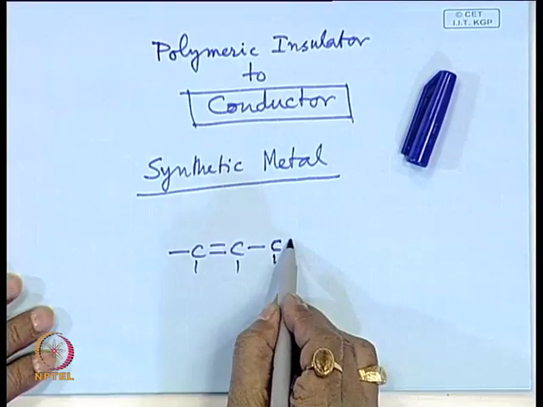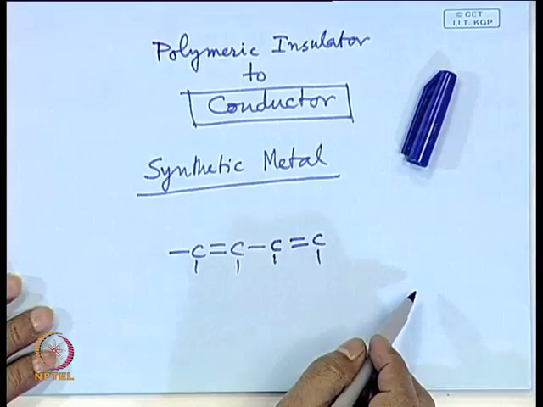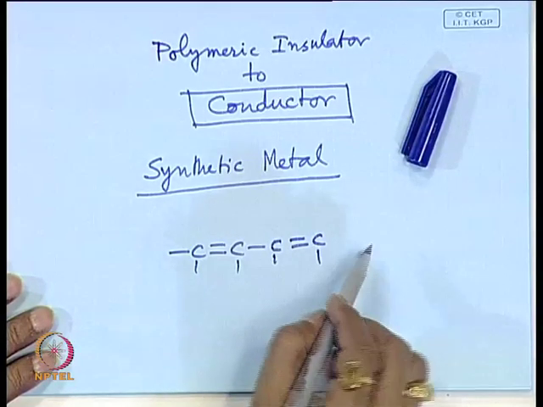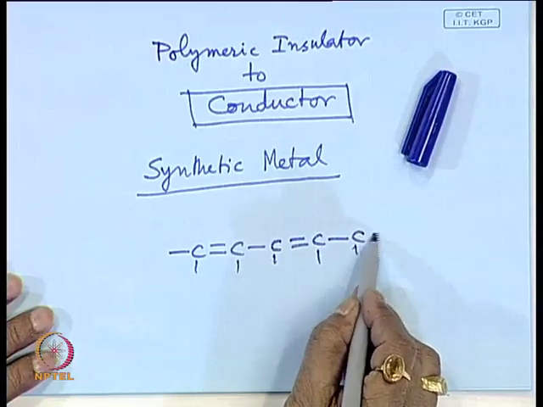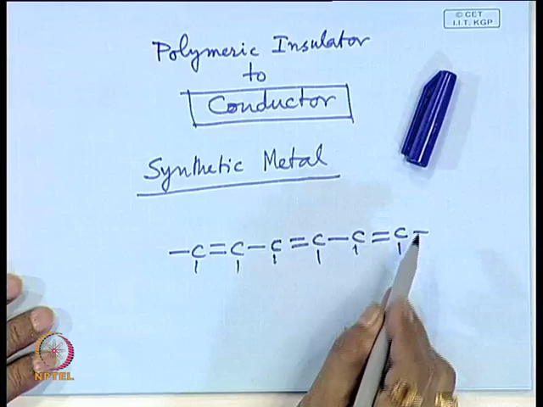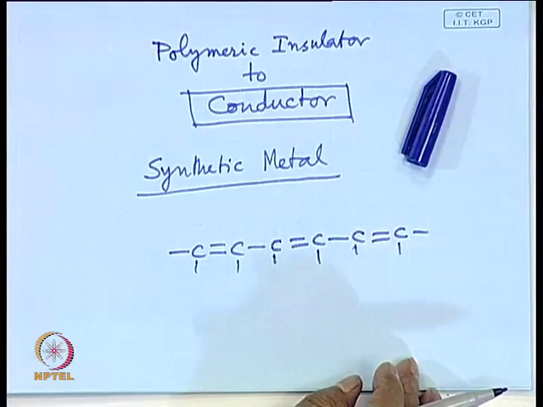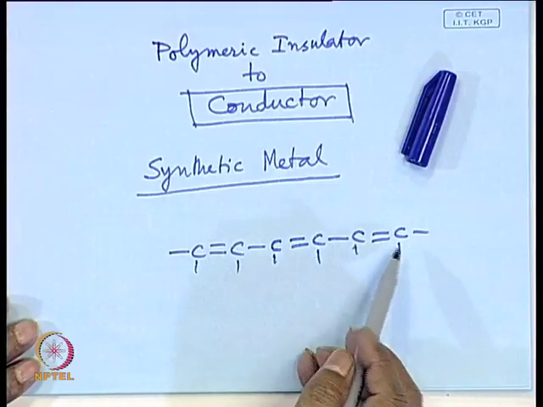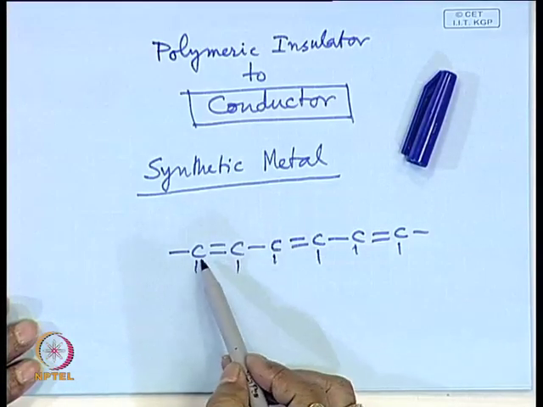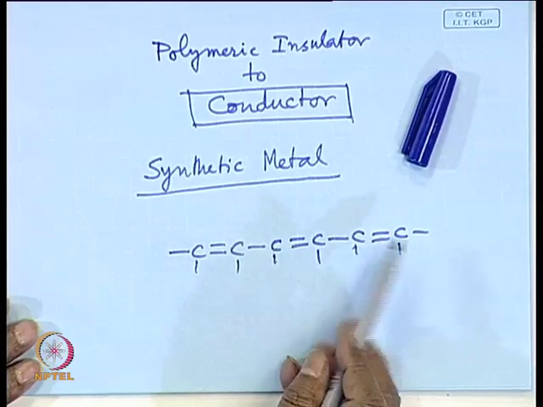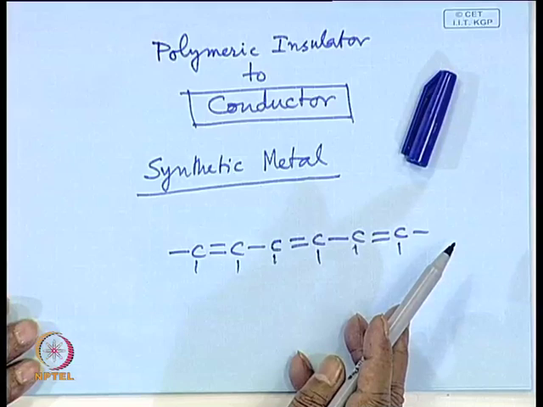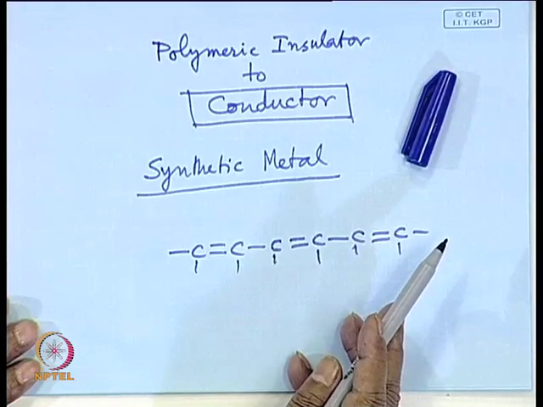If this pi bond repeats like this, theoretically one can think, we do not know how we can make it, but at least I can draw on a piece of paper that if we can design such a molecule, then we find there is alternate single bond, double bond, single bond, double bond. That means a conjugated pi electron molecule.